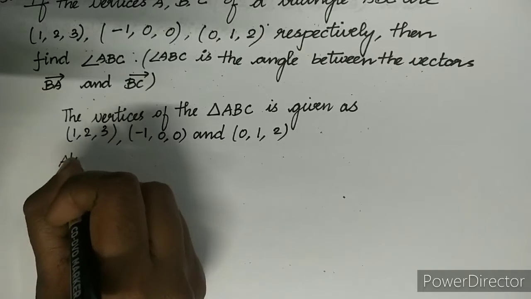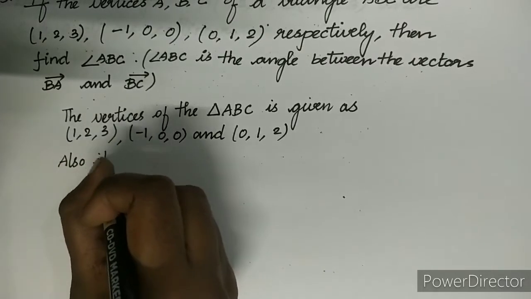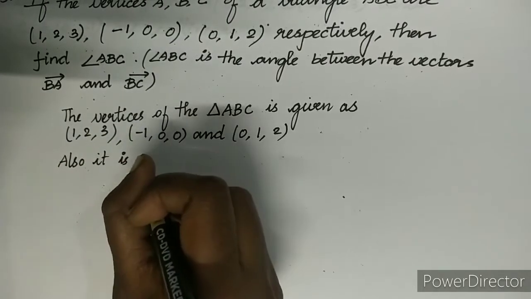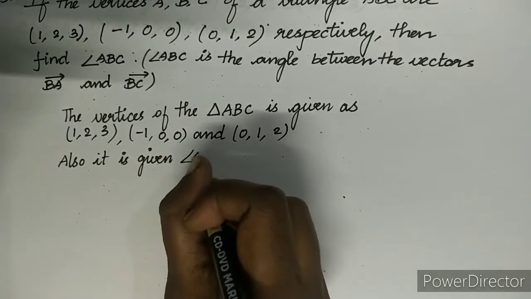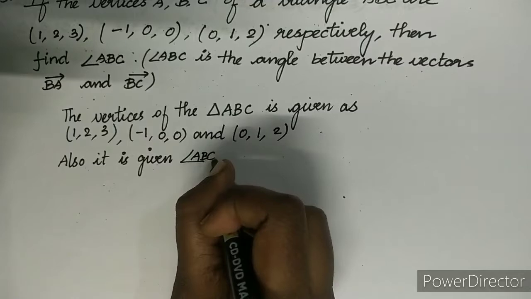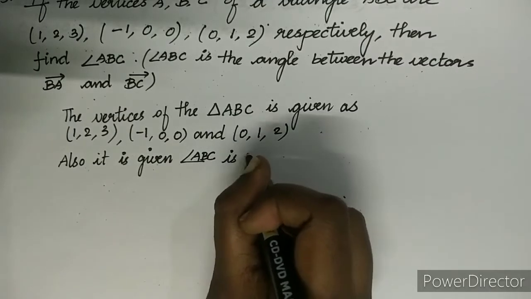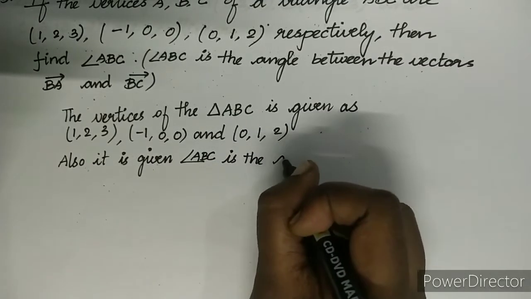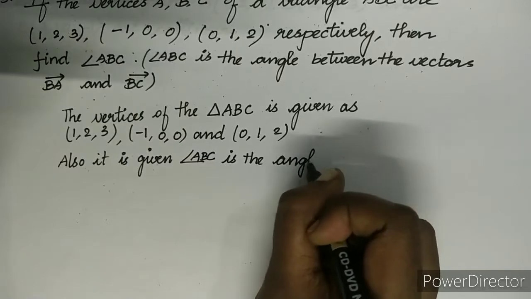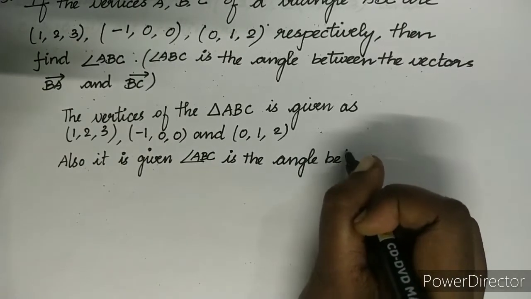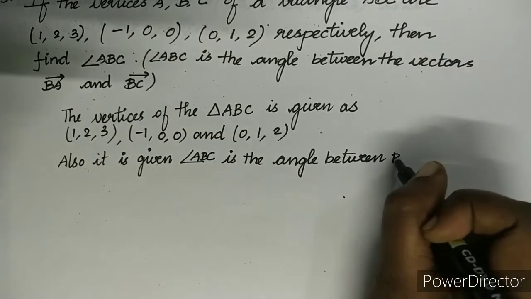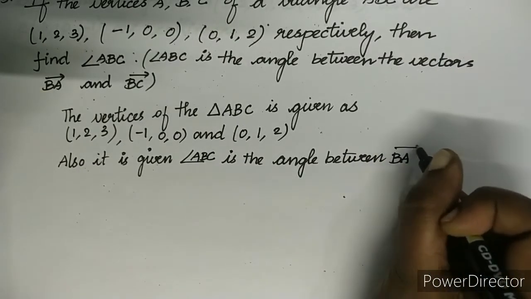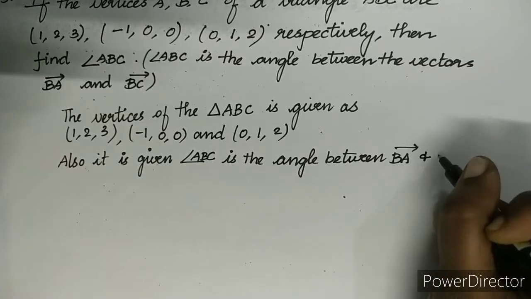Also it is given that angle ABC is the angle between BA vector and BC vector.